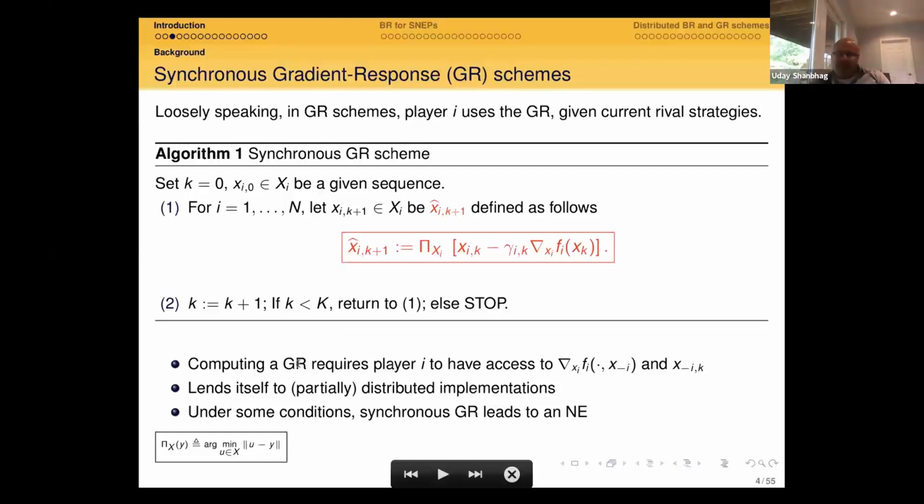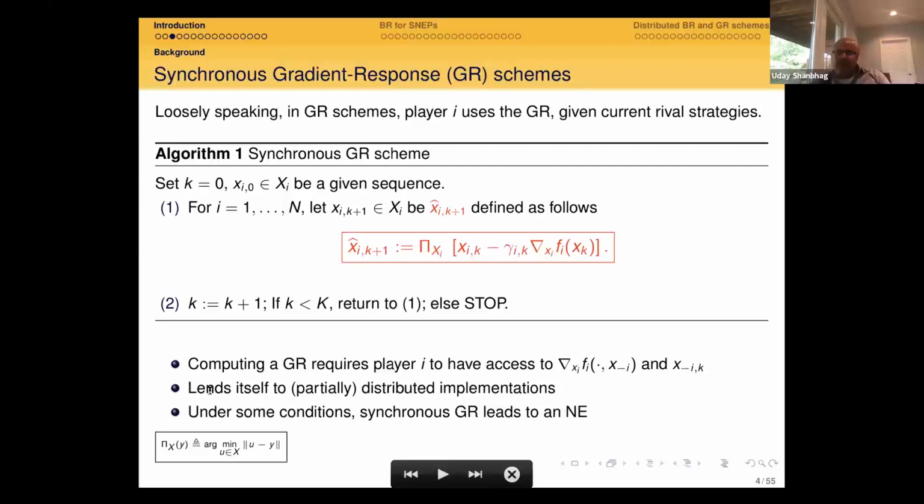Now, computing a gradient response requires player i to have access to the gradient given x minus i and rival information. This is something that we're going to be weakening when we move to the distributed regime, but I felt it necessary to point this out.